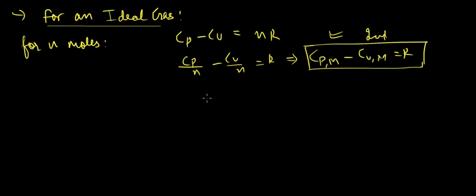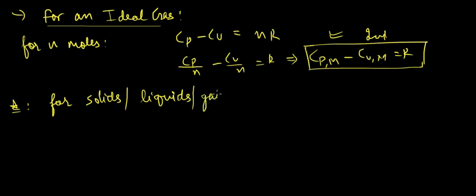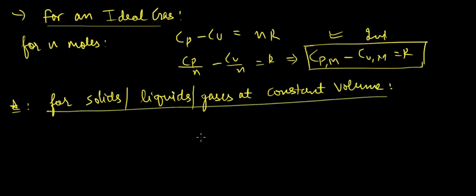We can write that for solids, liquids or gases at constant volume, dU is equal to dq plus dw. Since we are writing constant volume, dw would be 0.